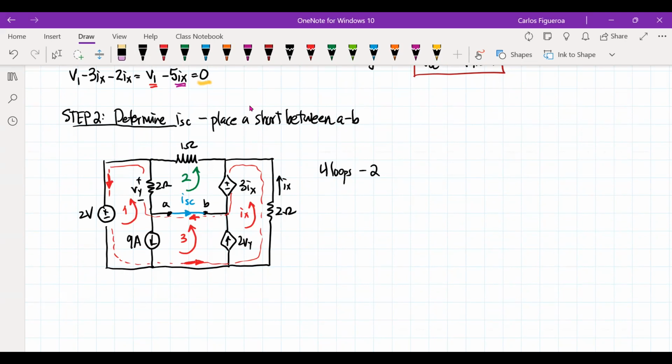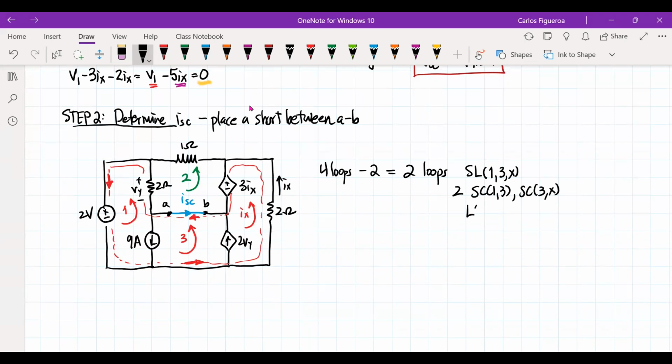No, that's 2 sources, so then I get 2 loops. What I'm finding here is that I have a super loop between 1, 3, and X. I have 2 super conditions, one between 1 and 3, and one between 3 and X.